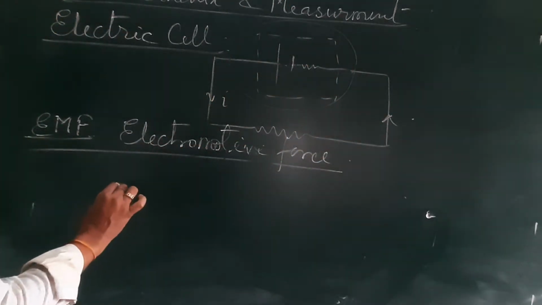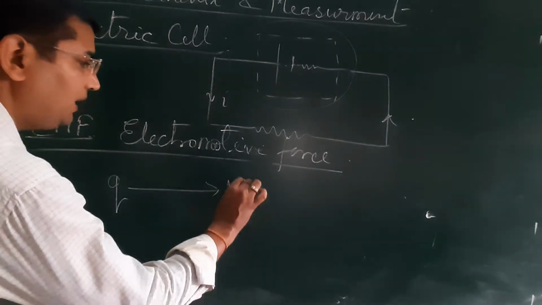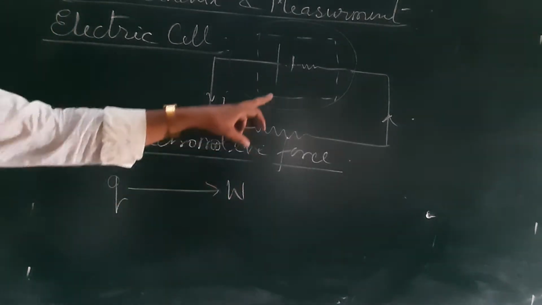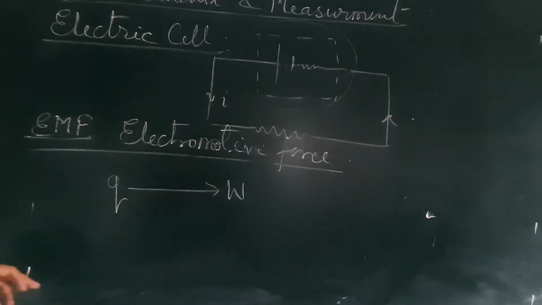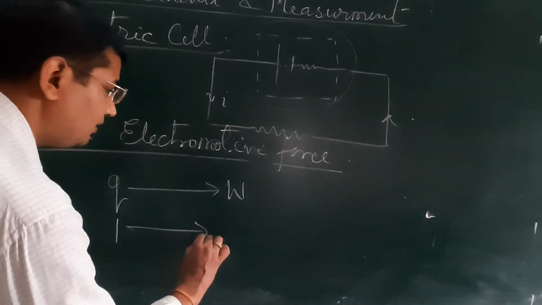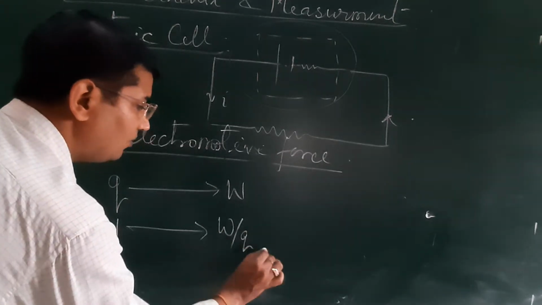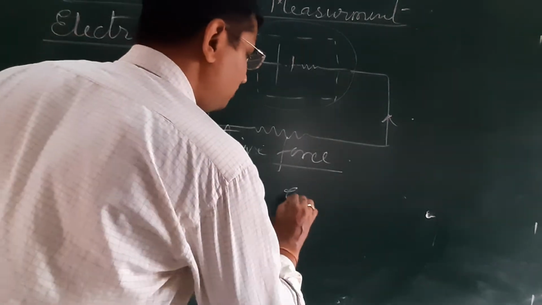I am supposing in order to circulate Q coulomb charge through the complete circuit including the cell, if the work done, that is energy supplied by the cell, is W joule, then for unit coulomb charge to circulate through the complete circuit, work done will be W by Q. By definition, this is the EMF of the cell.